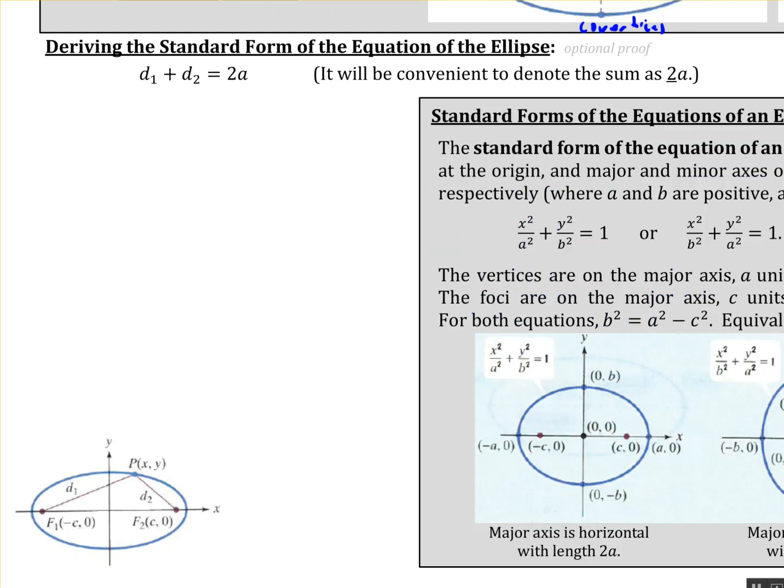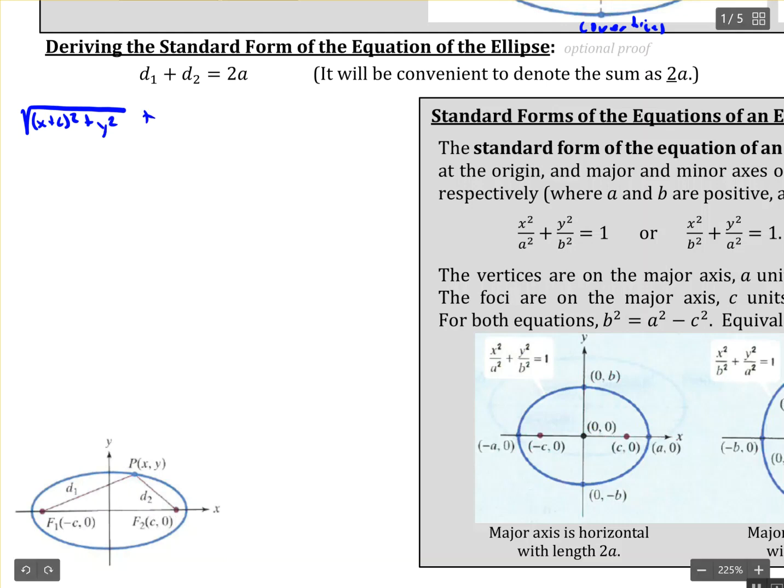So we can derive this pretty much the same way as we did the parabola, but it's a bit harder to do. Let's use this formula and look at what D1 is, this guy here, and D2 is this guy here. So D1 is going to be the square root of (x plus c) squared plus (y minus 0) squared.